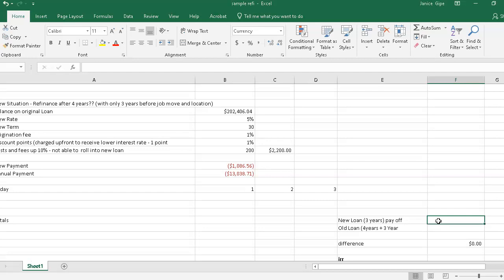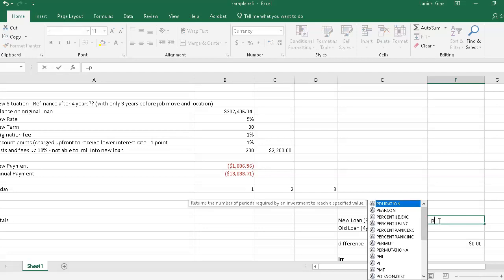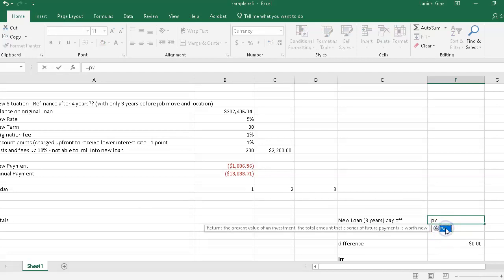So if we pay it off in 3 years, the new rate, which was 5%, and divide that by 12 again. And then we have to subtract out the term, the 30 years minus the 3 years, times 12.